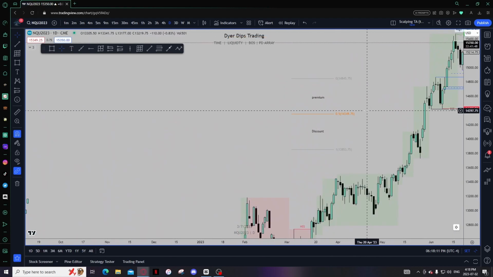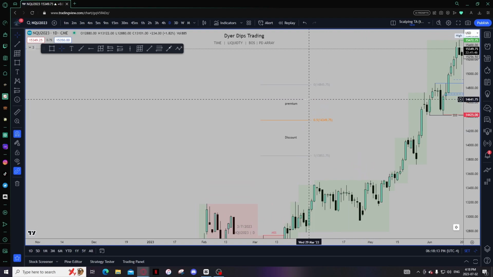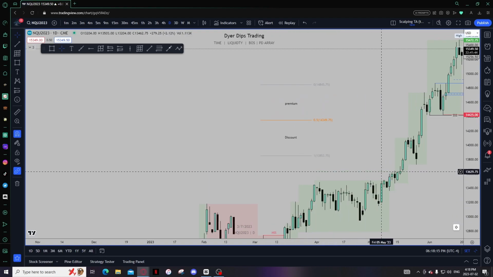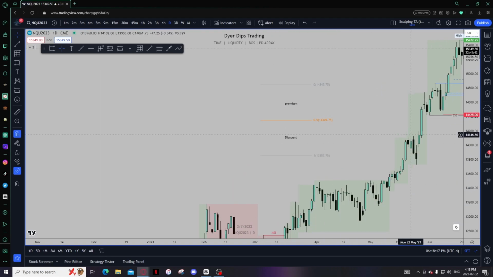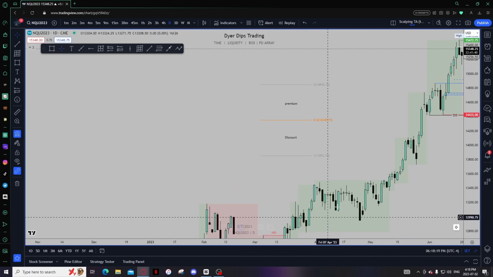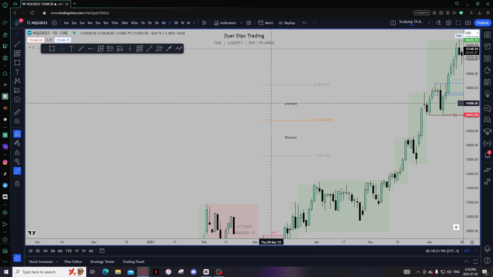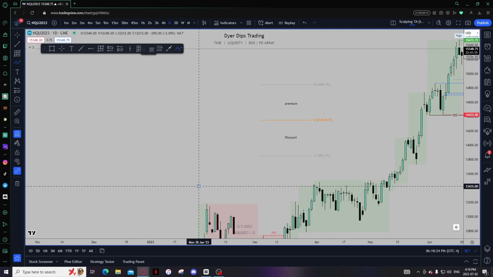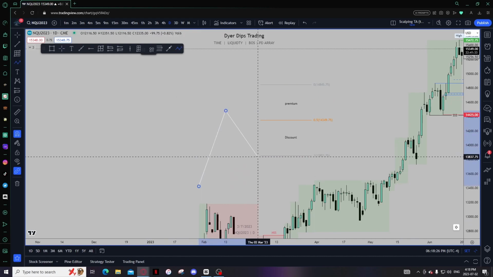Now let's get into premium and discount. When the algorithm is printing higher prices, when we are in a buy model and market structure is bullish, price tends to do stuff like this.